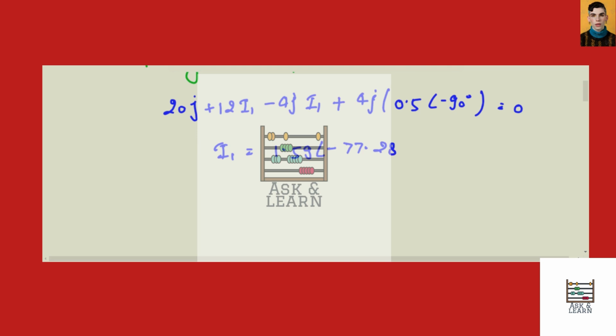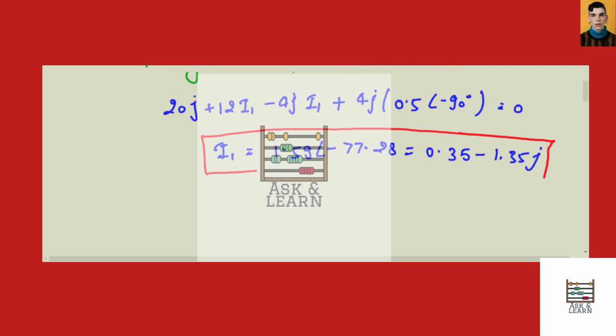Or if you convert it into rectangular form, you will get the value of I1 is 0.35 minus 1.35j. Conversion of polar to rectangular or rectangular to polar is very easy. You can use a scientific calculator and get these values very easily, right? So we get the value of I1 and I2.